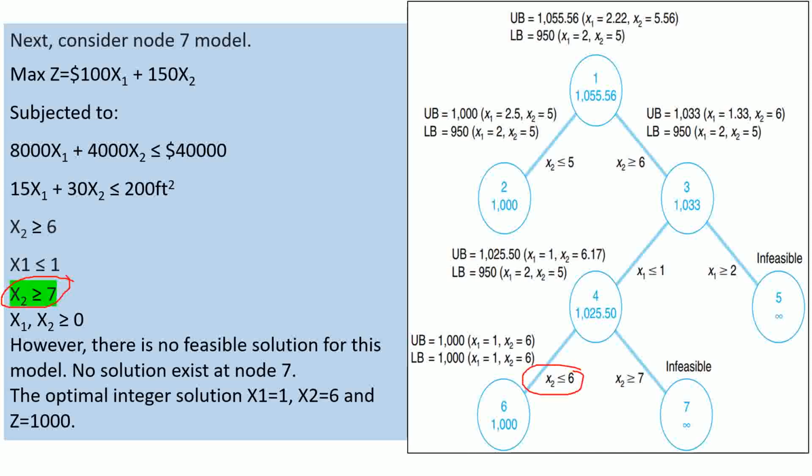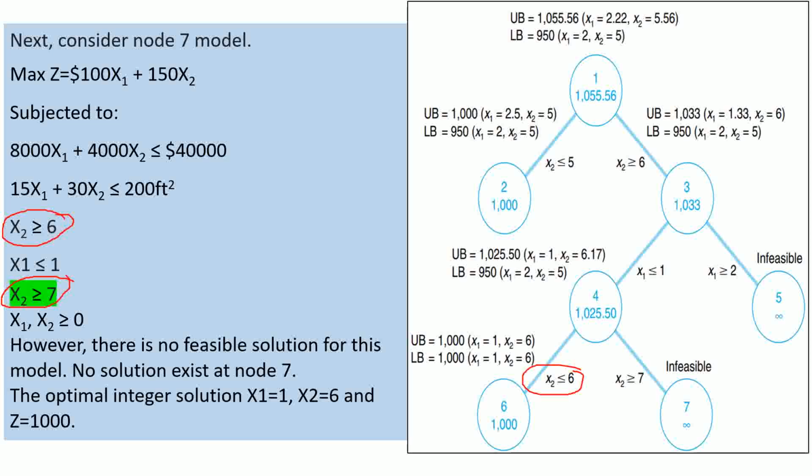There is no feasible solution for this model, because there is a conflict between x2 greater than or equal to 6, which includes the value of 6 and others, and x2 greater than or equal to 7, which starts from 7.